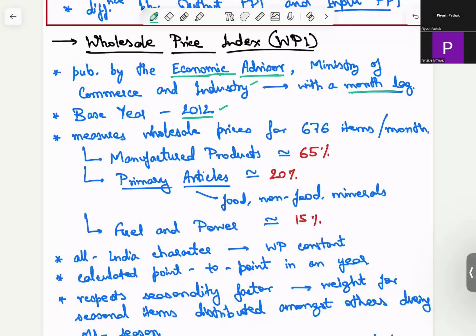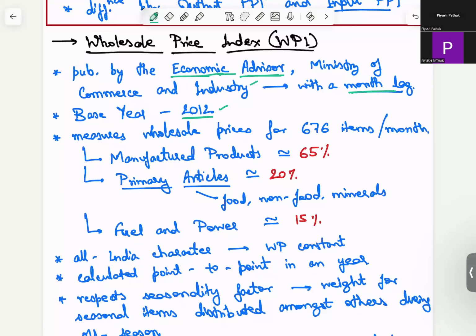The first is at the level of wholesale, when the goods are just produced, just finished, or still in the intermediate stage. This is important for industrialists and businessmen because they are purchasing goods from the wholesale market. And the second is measuring inflation at the consumer level, which is the retail level.